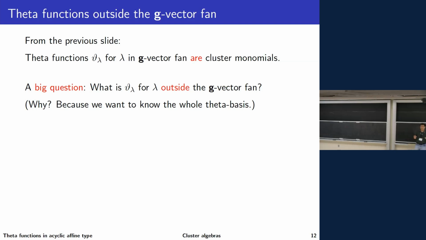What are those? How do we understand those? That's the question that I'd like to understand. In lots of cases, we can't even really understand what all the cluster variables are. But I've been dealing in cases where we can understand what all the cluster variables are, so what are the theta functions? And again, why? Because we want to know that whole basis.